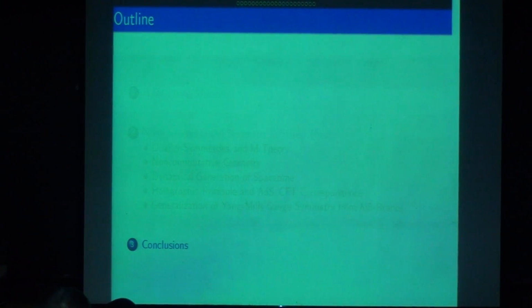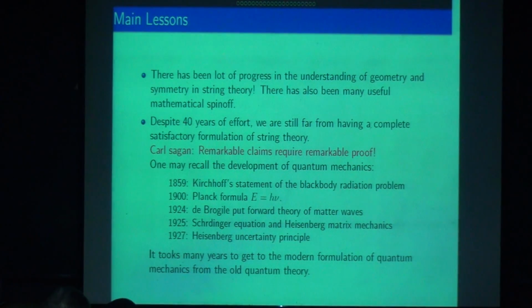So, conclusion. There's been a lot of progress in the understanding of geometry and symmetry in string theory, and these are novel because all these properties I talked about are not realized in a theory of quantum particles. They are realized in string theory, making use of the essential property of a fundamental extended object instead of a quantum particle.